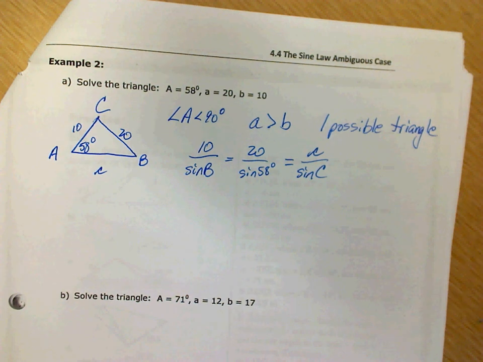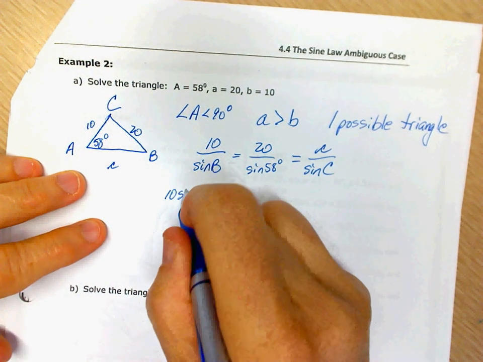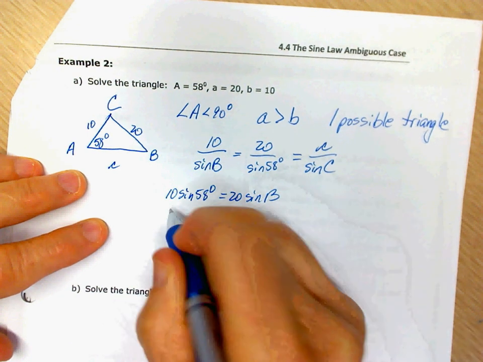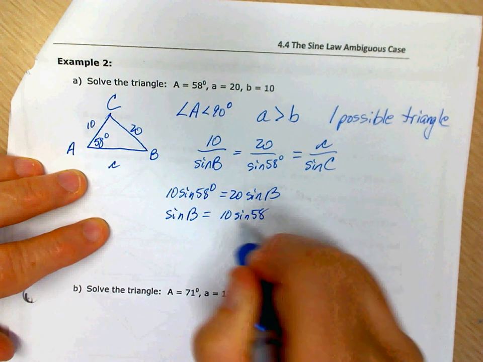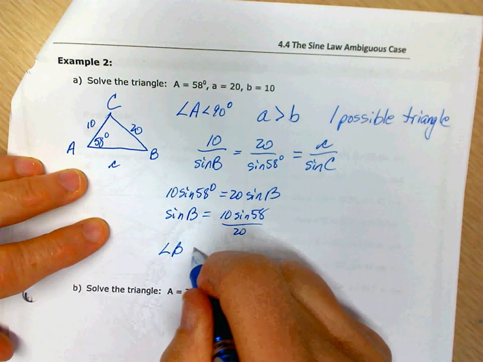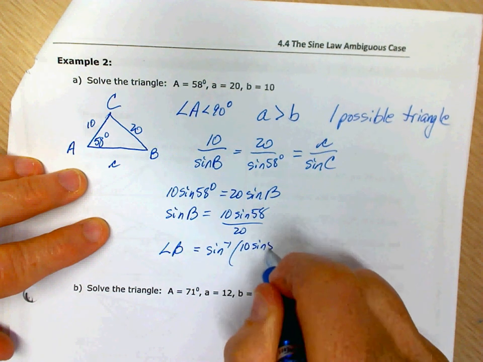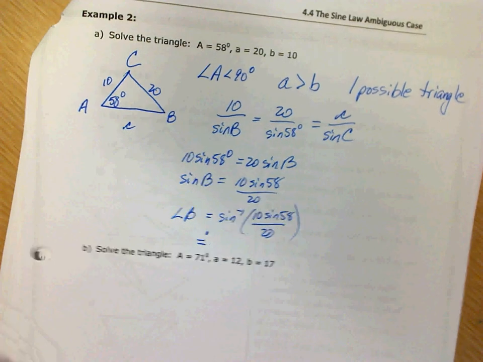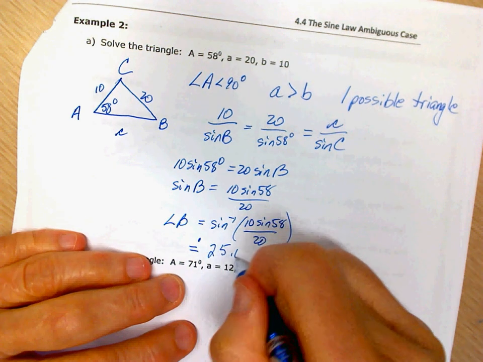Sine of B. So 10 sine 58 degrees equals 20 sine B. Sine B equals 10 sine 58 all over 20. Angle B is equal to inverse sine of 10 sine 58 over 20, and angle B is approximately 25.0889 degrees.